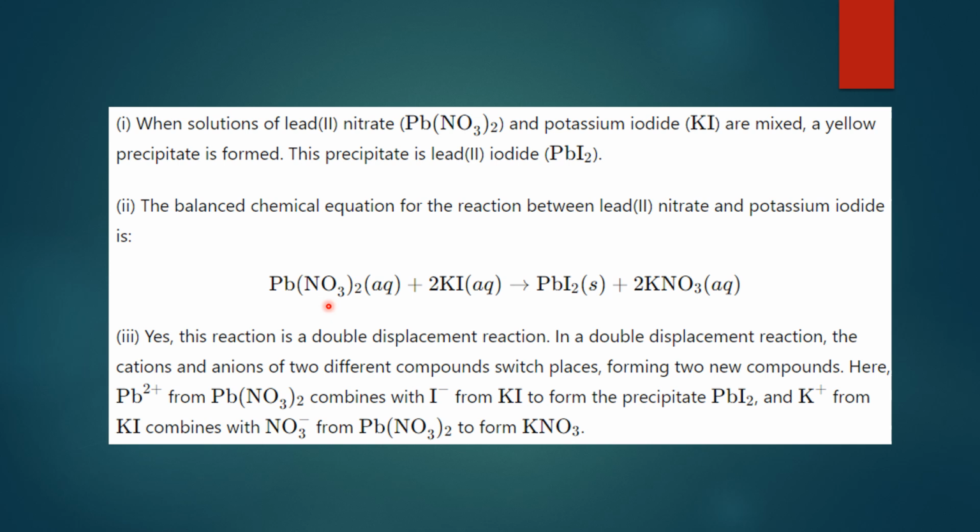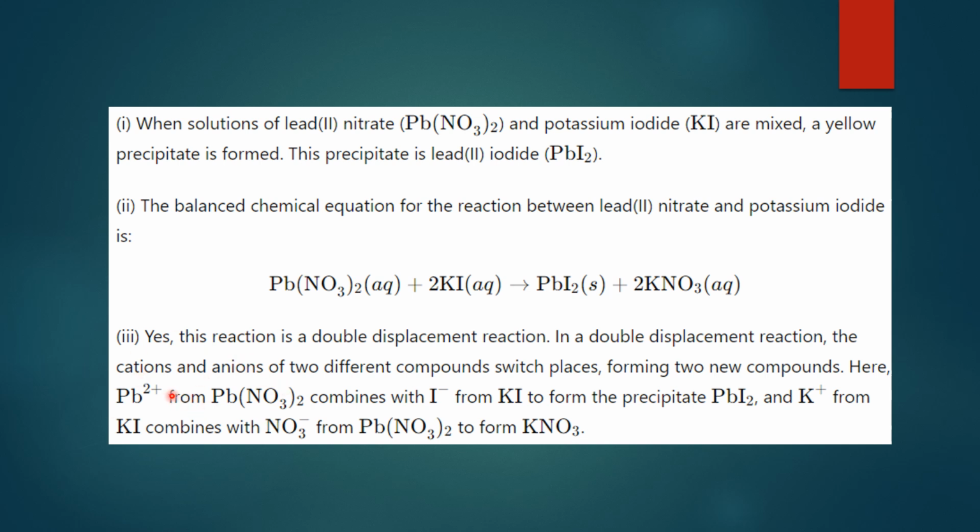Okay, so we had to detect whether it is double displacement or not. So yes, this reaction is a double displacement reaction, because in this particular reaction, the cations and anions of two different compounds are switching places. What does this mean? Ions, you understand, are charged atoms, right? And cations are your positive ones and anions are negative ones.